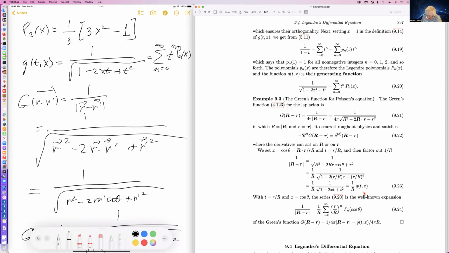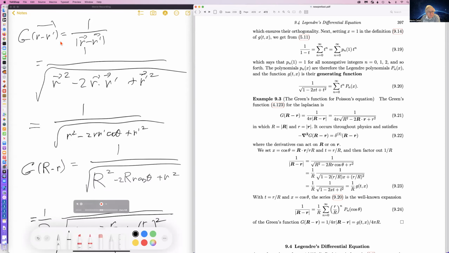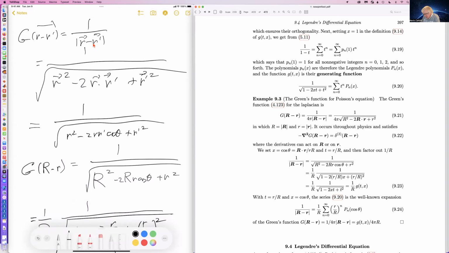So basically, you start with this thing that comes out of electrostatics. In other words, Gauss's law tells you that the static potential is an integral, 1 over 4 pi times, I think, the electric constant. And then you integrate over the charge density and you divide by the distance.